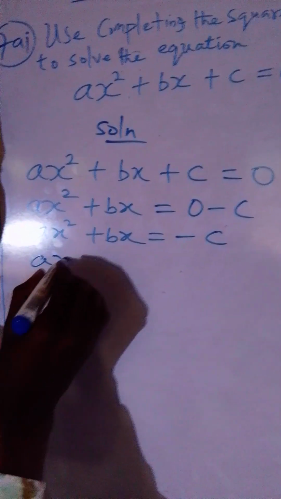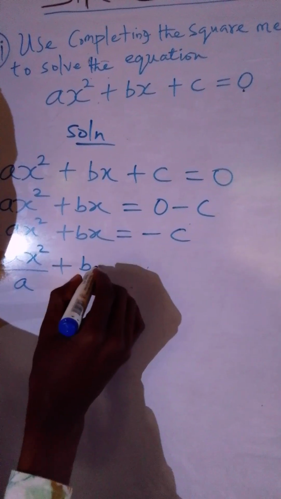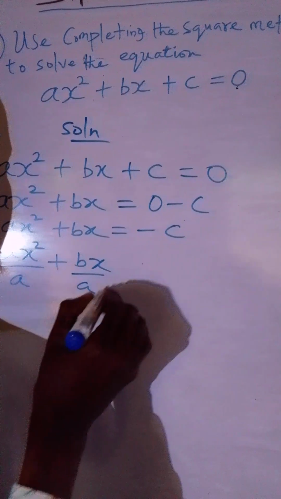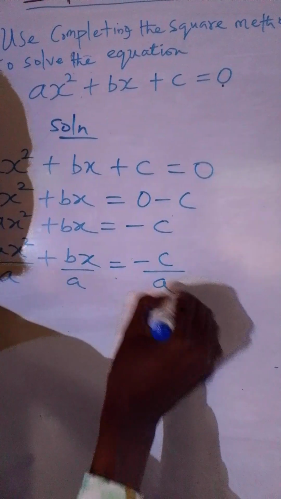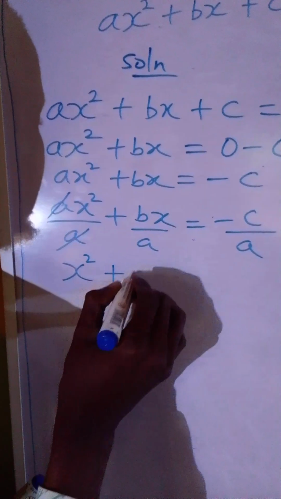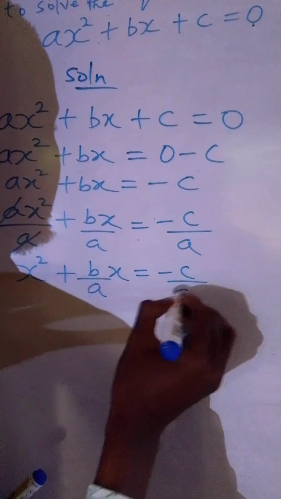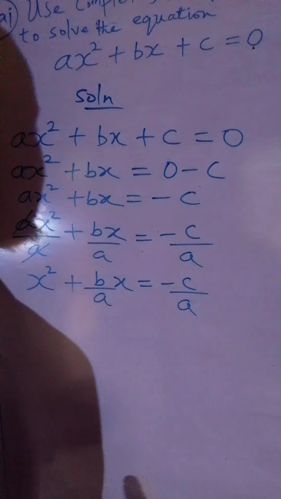So I have ax squared divided by a plus bx divided by a equal to minus c divided by a. So a cancel a, we are left with x squared plus b over ax equal to minus c over a. So that is step 2.